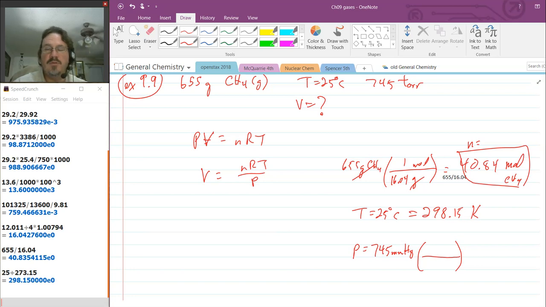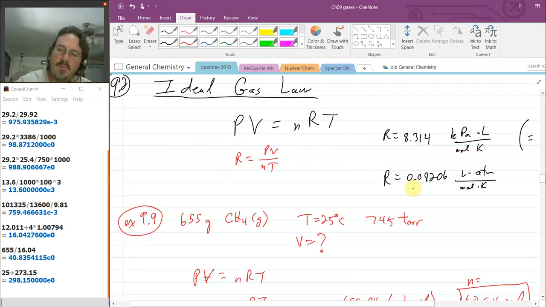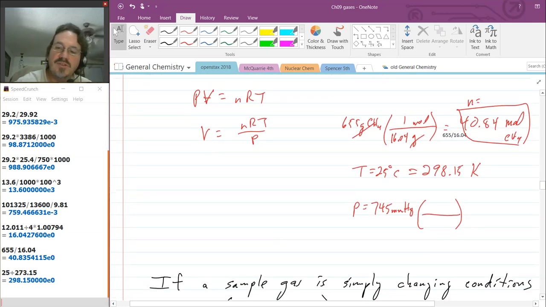Remember, if I use the 8.31451, or if I use the other value, 0.08206, my volume would come out in liters. That sounds good. I want liters, which means I want the pressure in terms of atmospheres. That's the unit I want to use. I need to be consistent. And so convert millimeters to atmospheres.